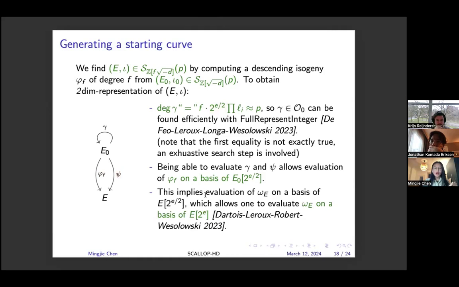And finally, this implies that we can evaluate omega e on a basis of the 2 to the e over 2 torsion of E, which allows us to compute omega e on the basis of the 2 to the e torsion of E by a trick that's introduced in, sorry, the previous paper, not SCALLOP-HD, SCALLOP 2.0. Okay, that's the algorithm for generating a starting curve.